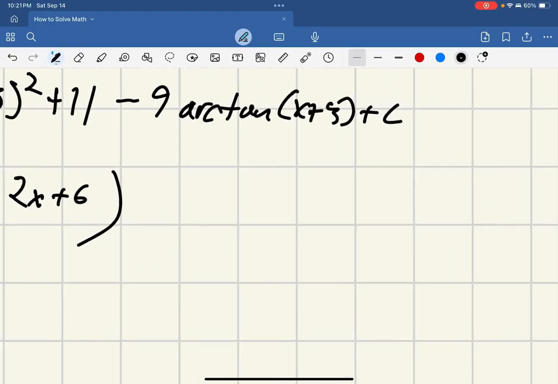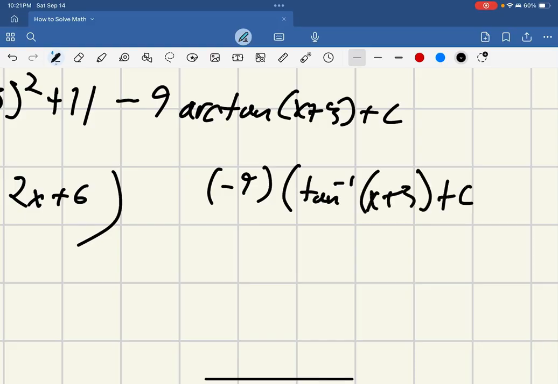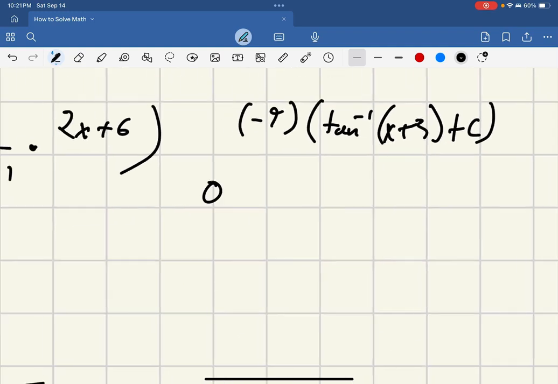Anyways, over here, we're going to now take the derivative of this, which I'm going to separate to negative 9 times arctan x plus 3 plus c. I'm going to do the product rule, so this is going to be 0 times arctan x plus 3, and I'm just going to ignore c because either way it's going to be 0.